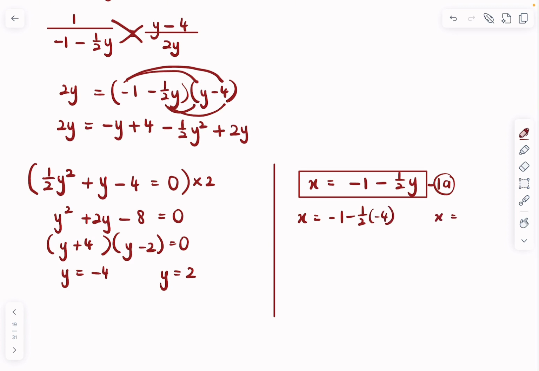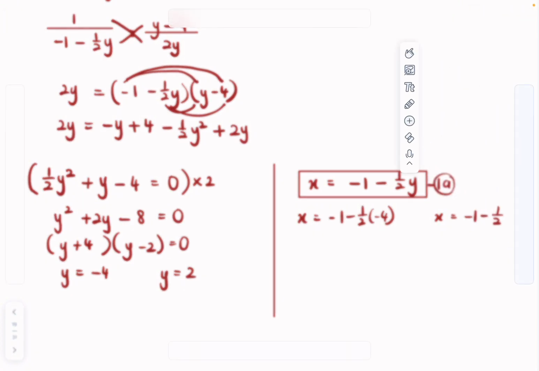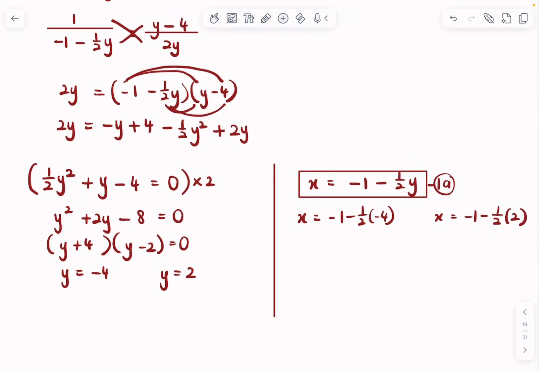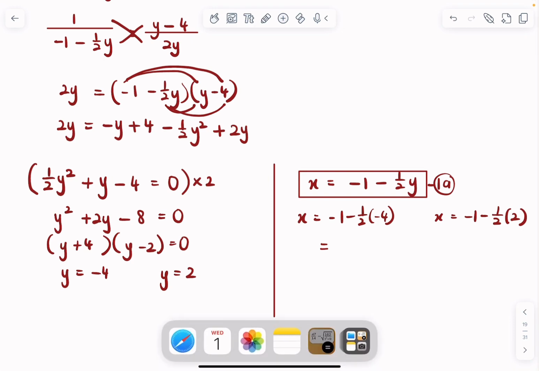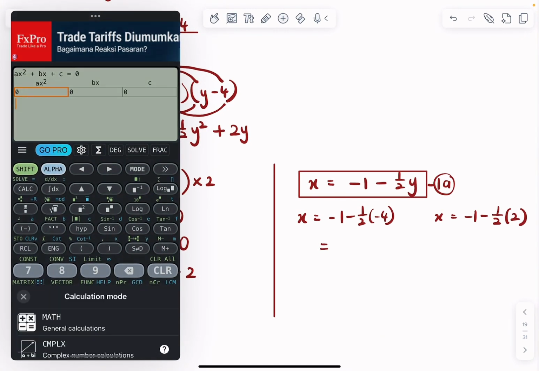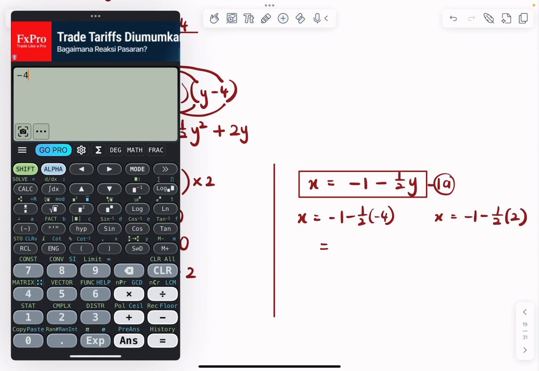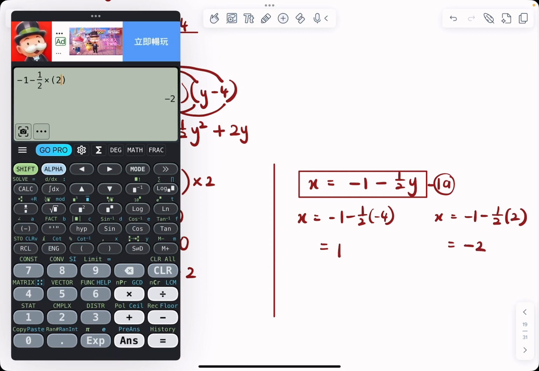The other one will be negative 1 minus 1 over 2, the other x value is 2. So for this, negative 1 minus half of negative 4, we get 1. This one will be negative 2.